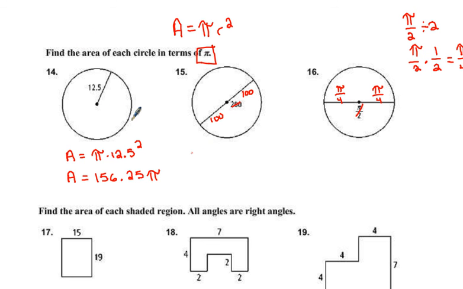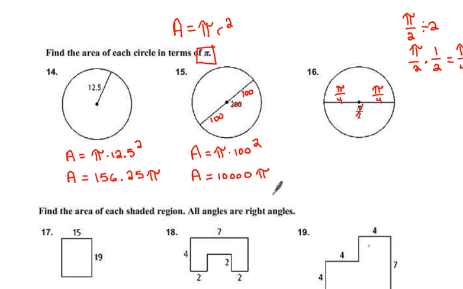For the next one, area equals pi times 100 squared. It's going to be a large number. You would do 100 squared on the calculator. It's going to give you 10,000, and put your pi behind it, and it would be units squared.